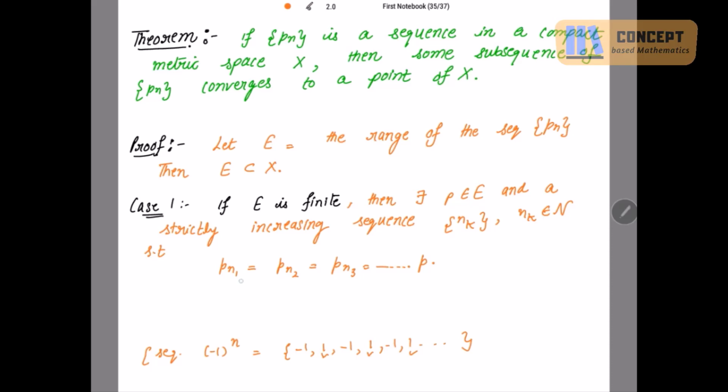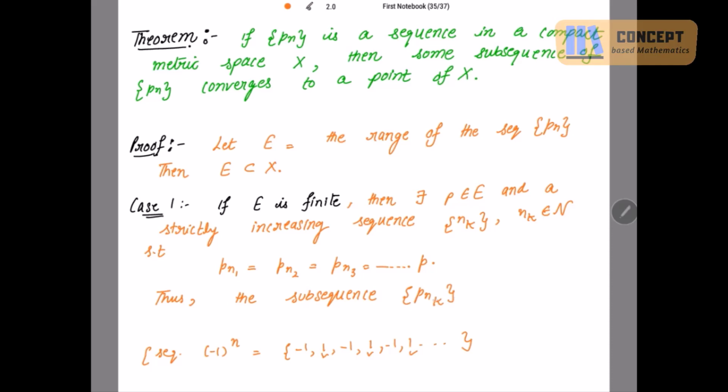So thus, if most of the points are equal to the same point P, then we get a subsequence which is converging to the point P. Evidently, we got the result. Thus, the subsequence Pnk.